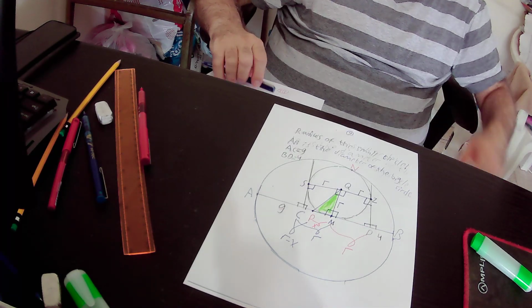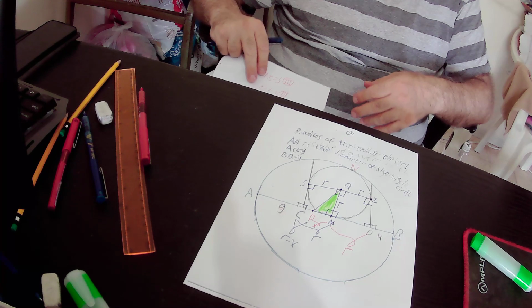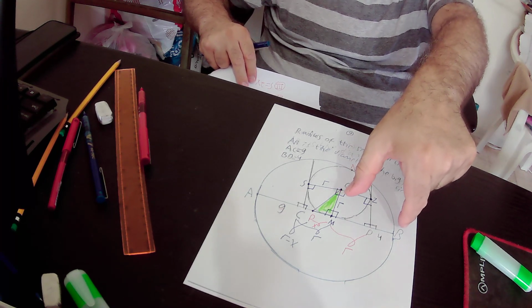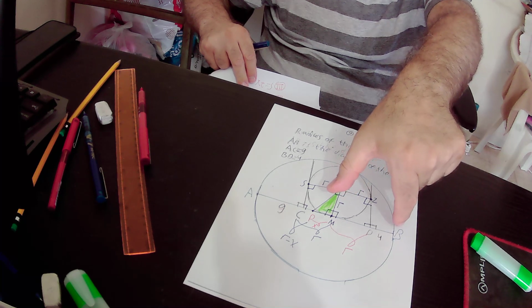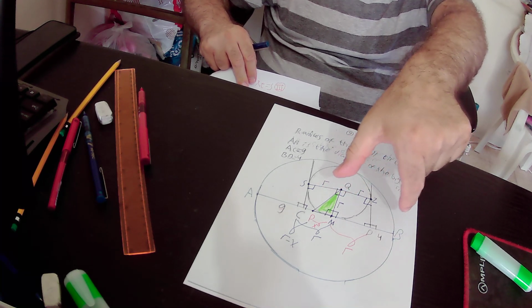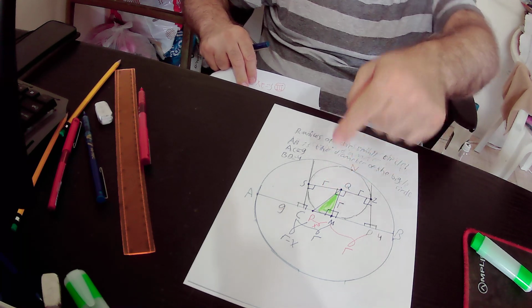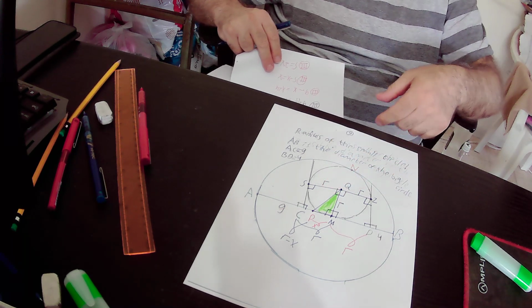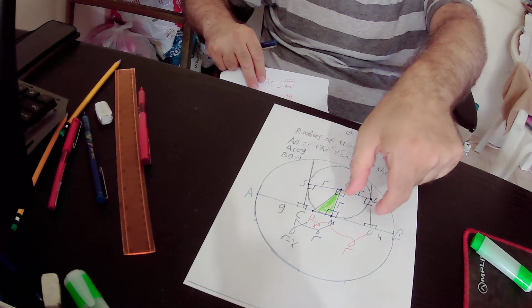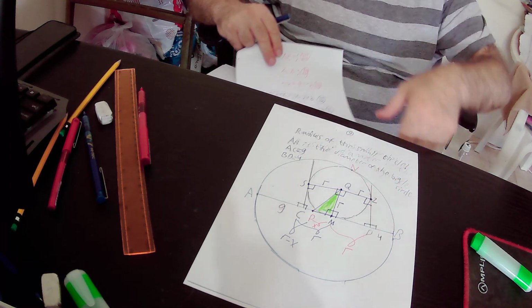And we also have equation number 2 that states that capital R equals PB, because P is the center of the circle. But what is PB? PB equals PM plus MD plus DB.